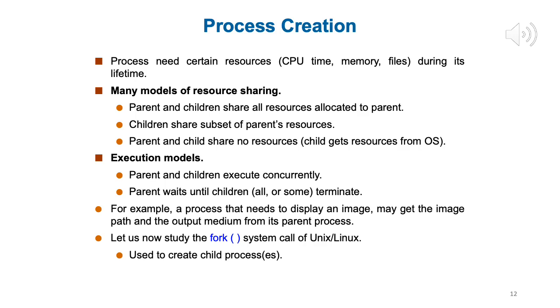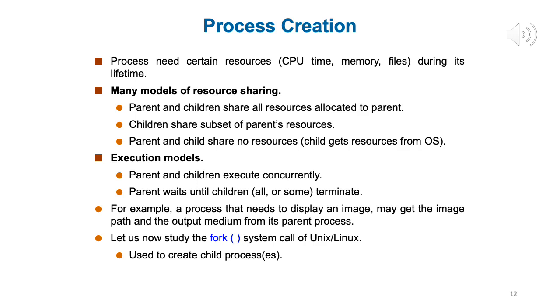So how, as a system programmer, can you create a process? That is what we are going to learn. We are going to learn how we can write a C program in which we can create processes using system calls. So processes need certain resources during their execution. What are those resources?